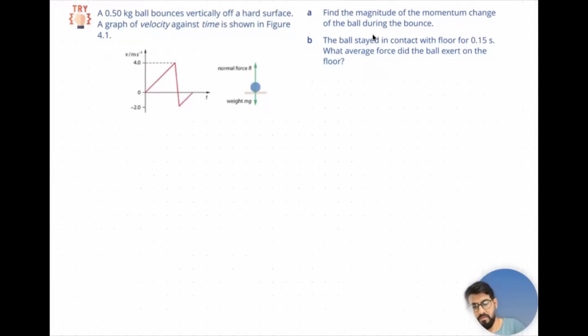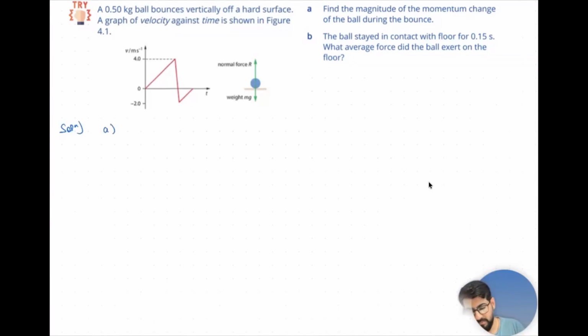Okay. Give it a try for this question, read it carefully. For the A part, it's quite easy. Change in momentum, as I mentioned, mv minus mu. Mass is 0.5.